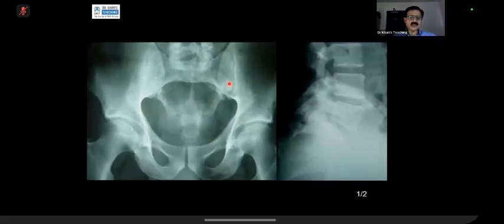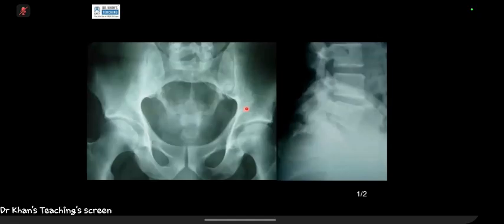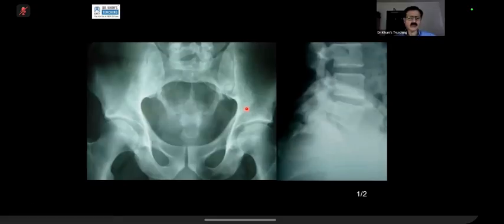Now, just to make a point, in this case there is a lytic lesion in the sacrum. And what is the differential? Top two for you: it could be metastasis versus multiple myeloma. You can also say plasmacytoma or multiple myeloma, or there is one tumor which occurs at the clivus and in the sacrum, the chordoma.